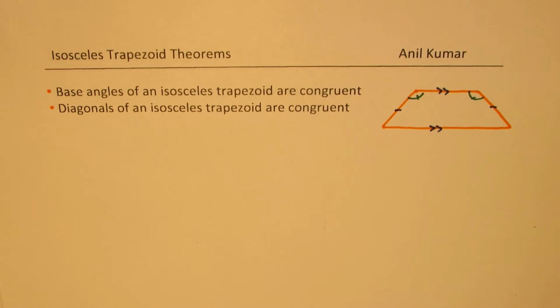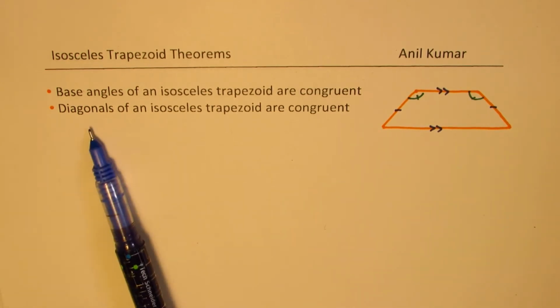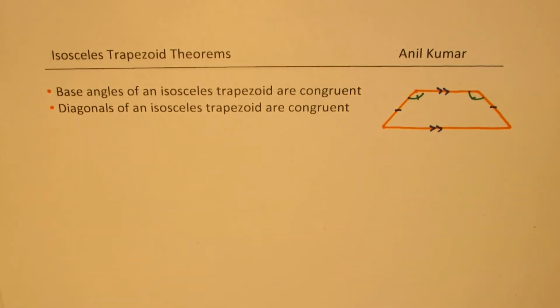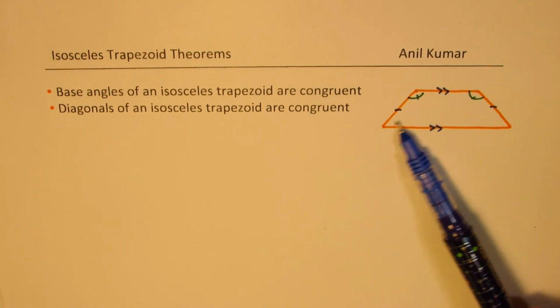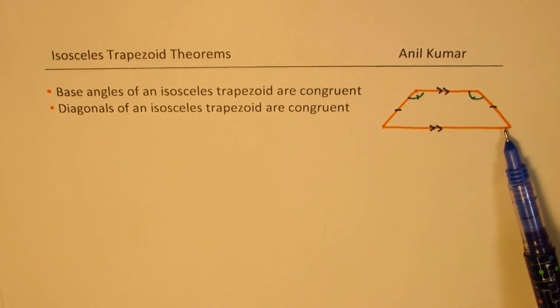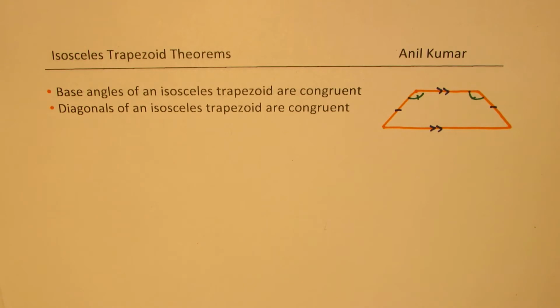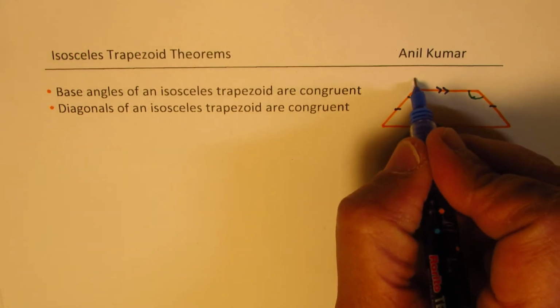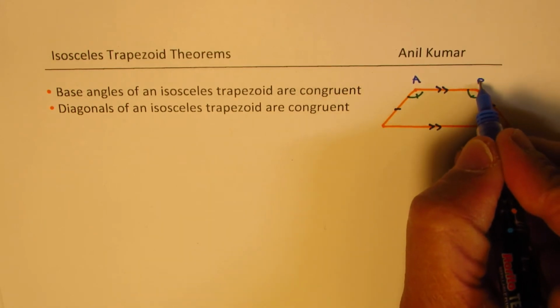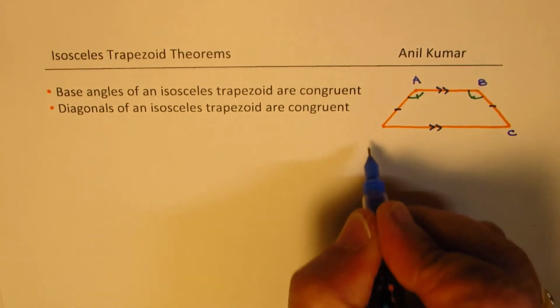And then in part 2, we will take up that the diagonals of the isosceles trapezoid are also congruent. That means from here to there and this to this. These diagonals are also congruent. So let's label this. Let us say the trapezoid is ABCD.